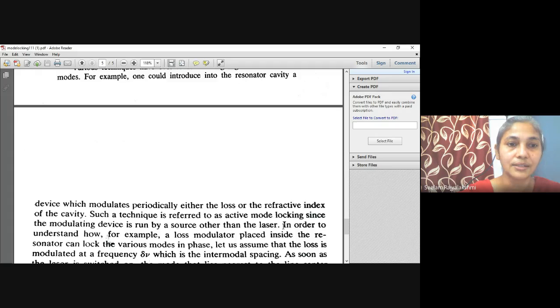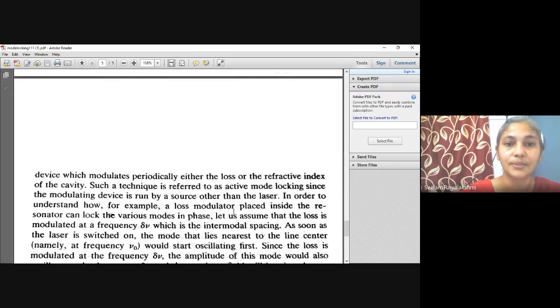In order to understand how a loss modulator placed inside the resonator can lock the various modes in phase, let us assume the loss is modulated at a frequency delta nu, which is the intermodal spacing. As soon as the laser is switched on, the mode that lies nearest to the line center, at frequency nu naught, starts oscillating first.